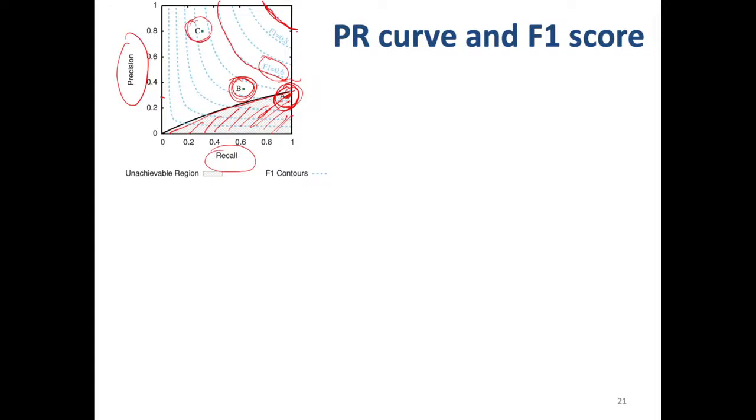If we see point C, its F1 score is the same as point B, which is the same as the F1 score of point A. But this is far away from the unreachable area. So perhaps here is a better choice.